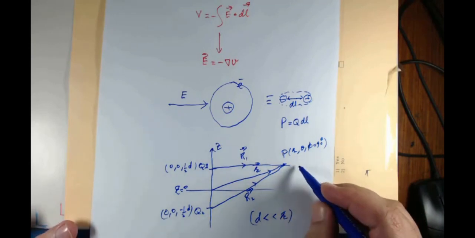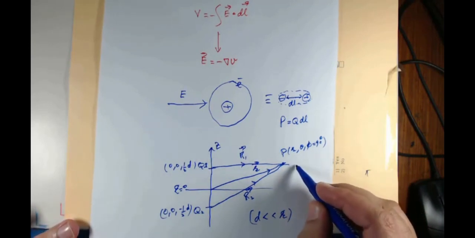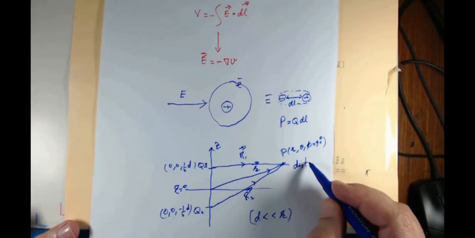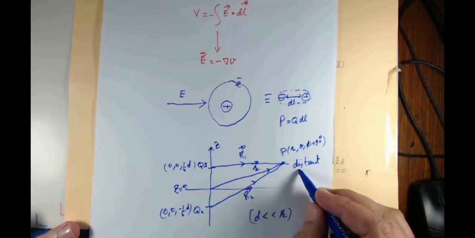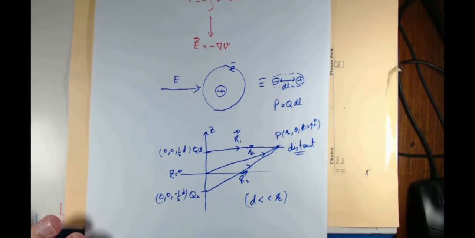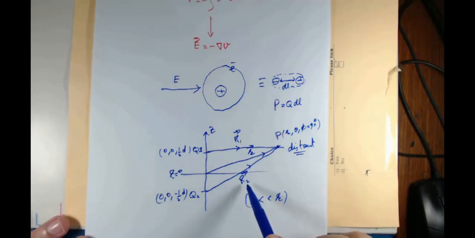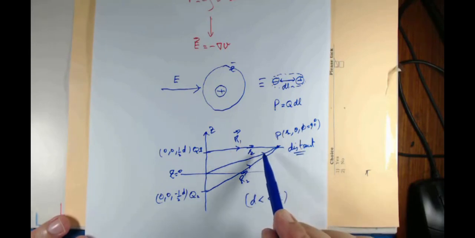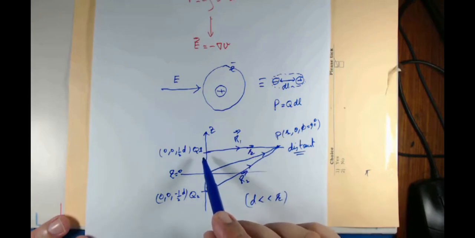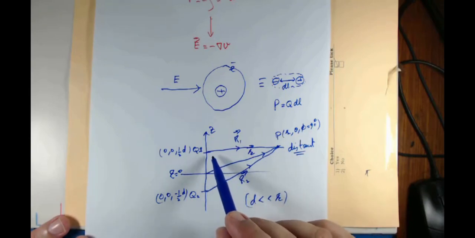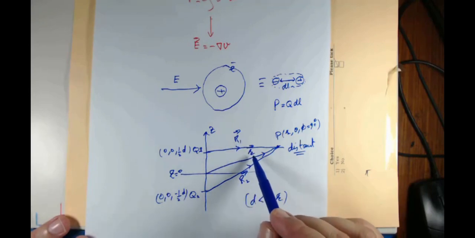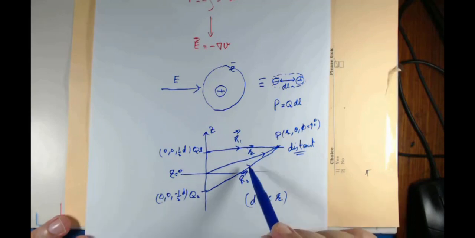At this distant point, the three vectors look the same. They have the same value. But when we move very close to the electric dipole, we see there is a difference between distance r1 and r, and r2 and r.